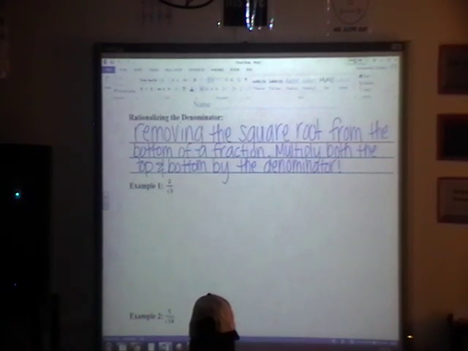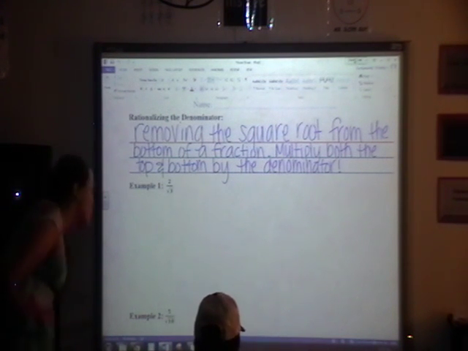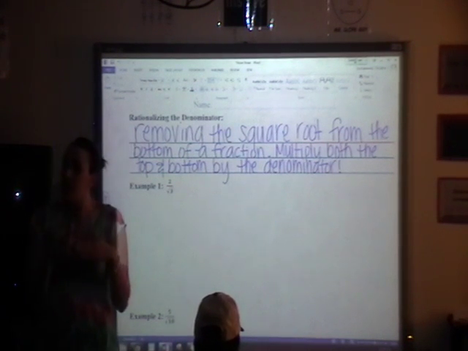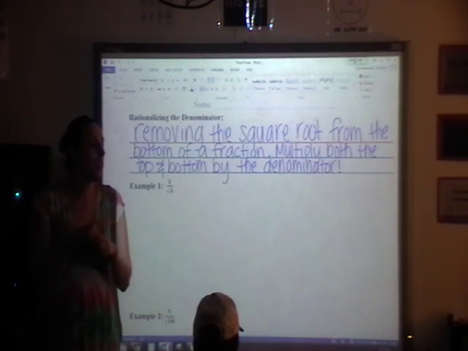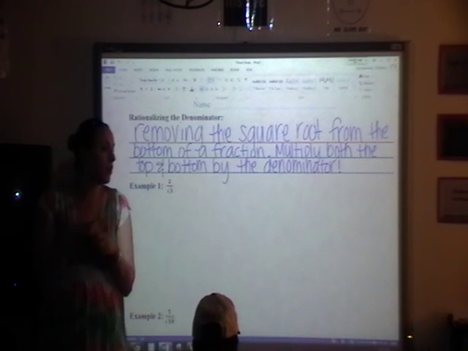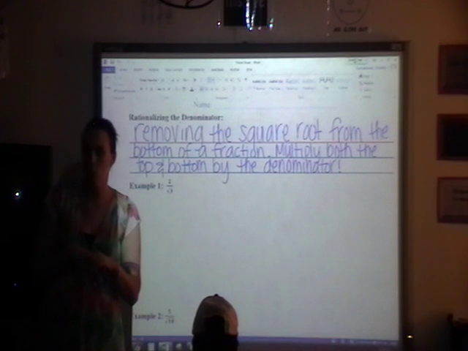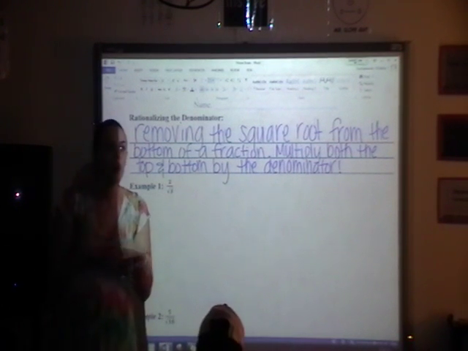To rationalize the denominator, you are going to multiply both the top and the bottom of a fraction by whatever's in the denominator. The reason why it works is because if you multiply both the top and bottom by the same number, it is multiplying by 1 creatively. What is 3 over 3? 1. What is 4 over 4? 1.